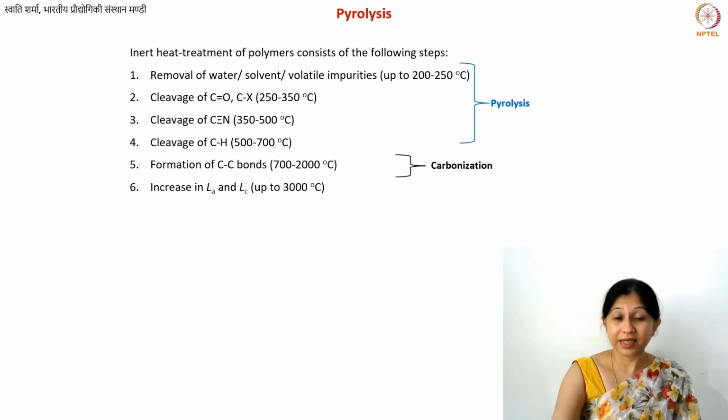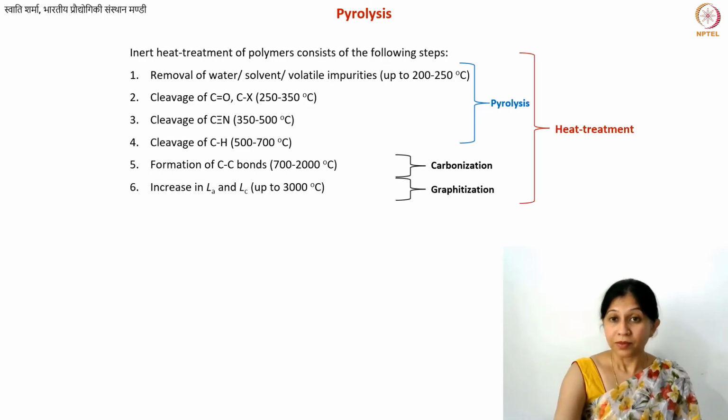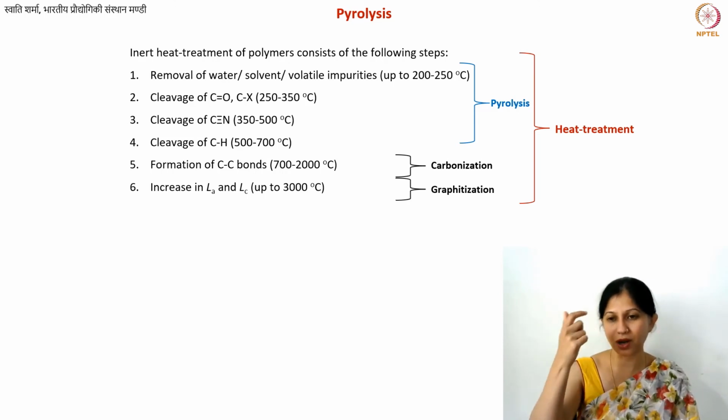What happens up to 2000 degrees, we call it carbonization, and then above 2000 degrees, typically, it is known as graphitization. Now this entire process, you can always call it heat treatment. Even if you just do the pyrolysis part, if you call it heat treatment, it's not wrong, because you are always doing heat treatment.